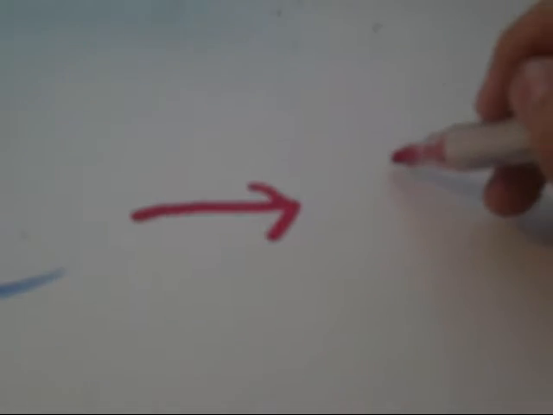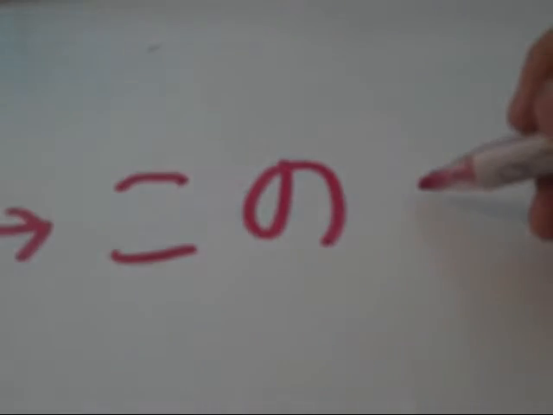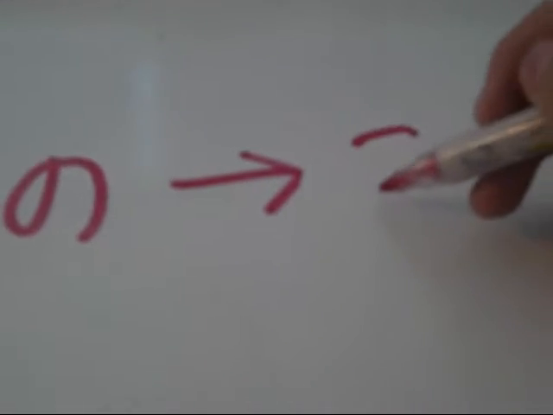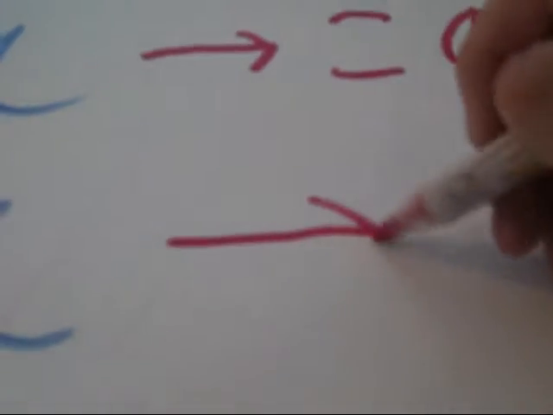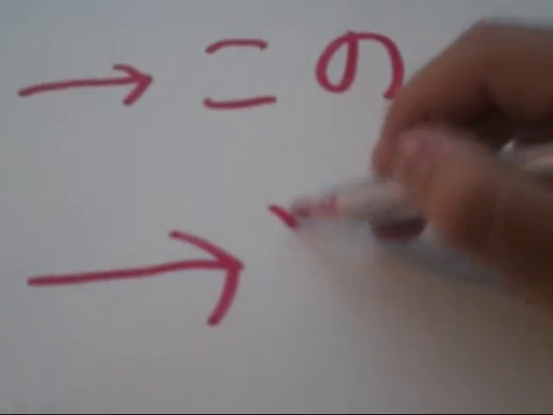Now, focusing on kore, it follows a pattern that when it goes in front of a noun, you have kono, and then as a place, instead of as a thing, you have koko. For sore, that changes from sore into soko.